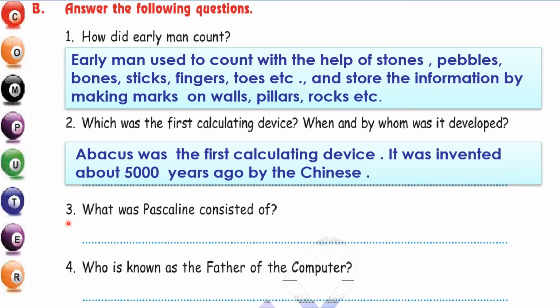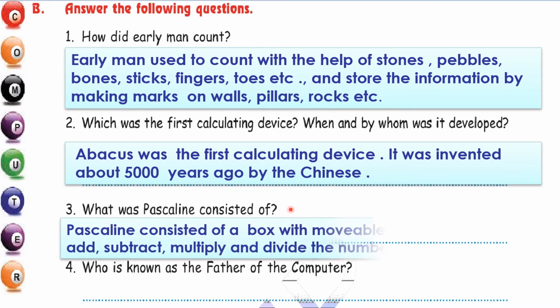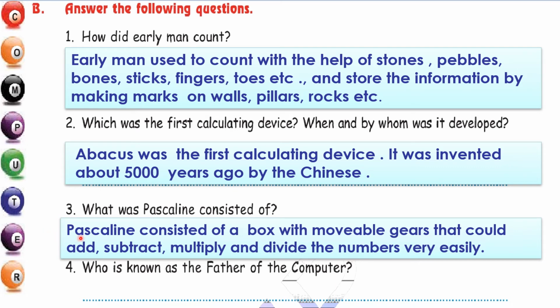Number 3. What did Pascaline consist of? Pascaline consisted of a box with movable gears that could add, subtract, multiply, and divide the numbers very easily.